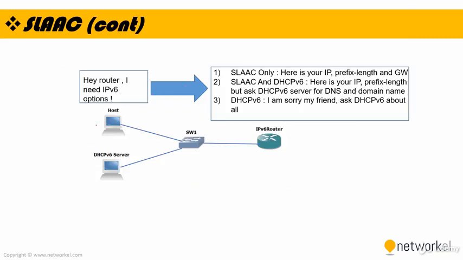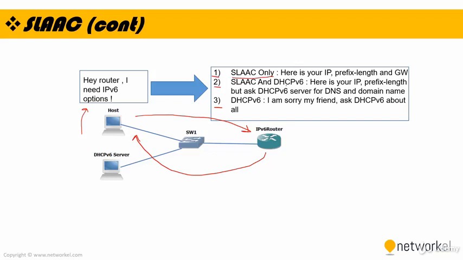Let's see it with an example. The host is saying, hey router, I need IP version 6 options. The router gets the message and can offer three types of messages. In the first message, SLAAC only, the router is saying, here is your IP, prefix length and gateway.